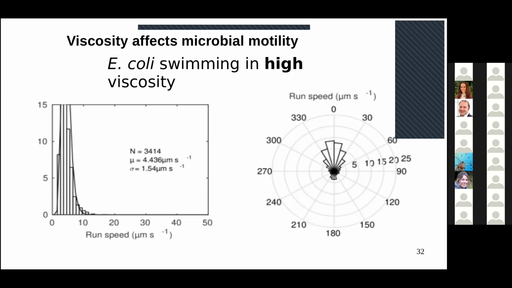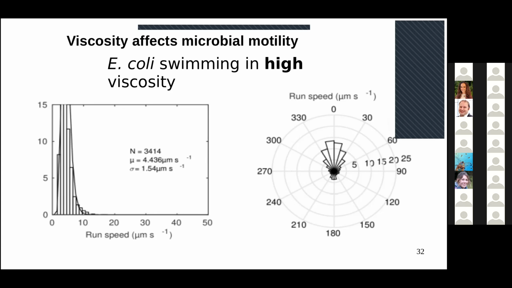But when we look at what happens in the highly viscous fluid, we can see, as we were expecting, that the viscosity decreases the running speed quite substantially, but it also changes the distribution of orientation angles, because it increases the rotational drag that these bacteria are experiencing. So it's harder for them to turn.